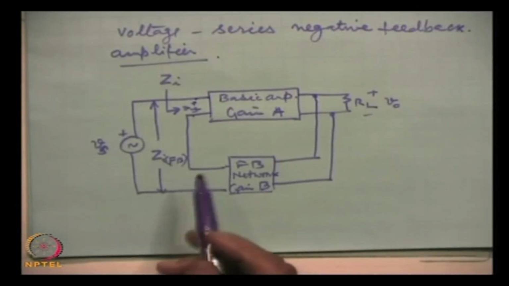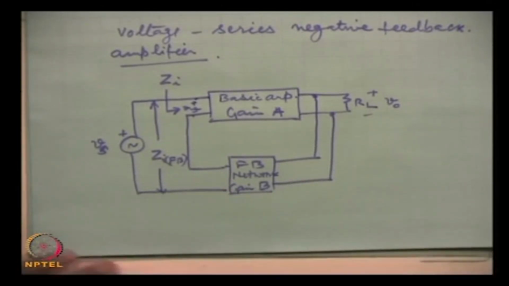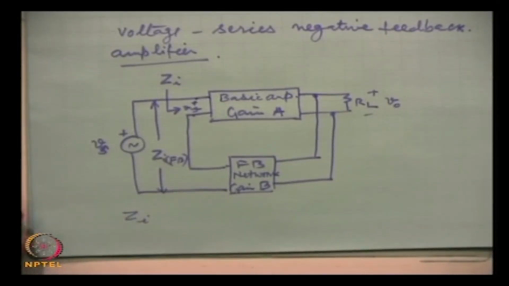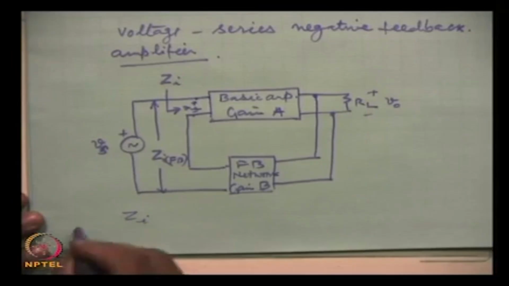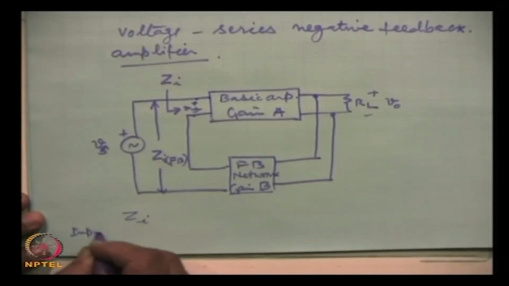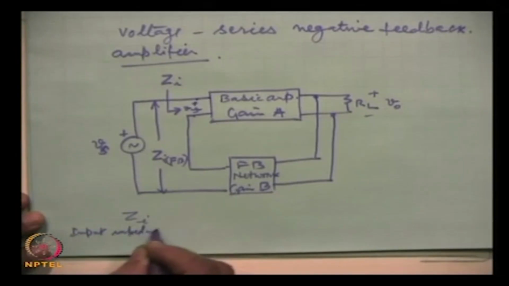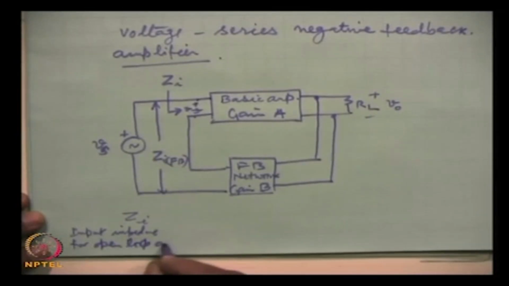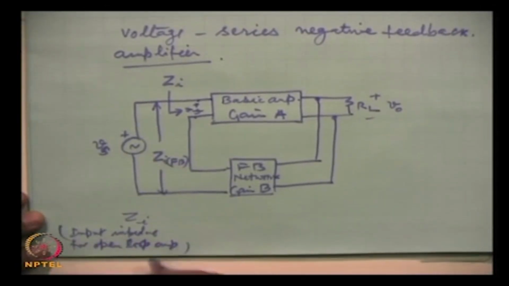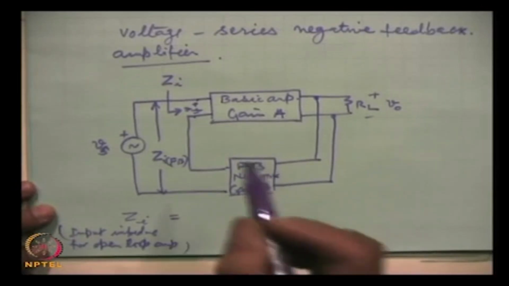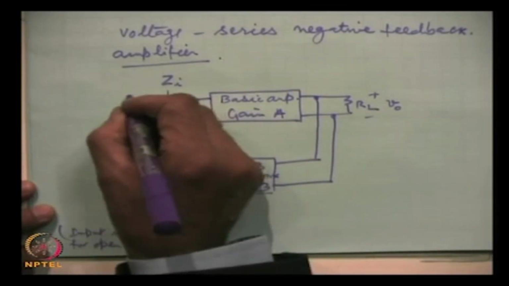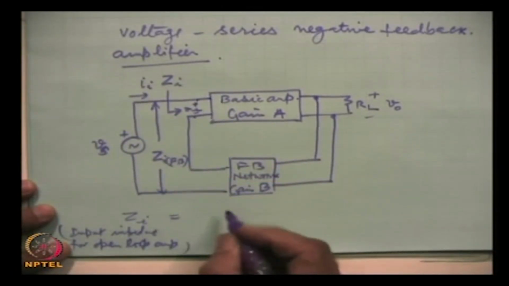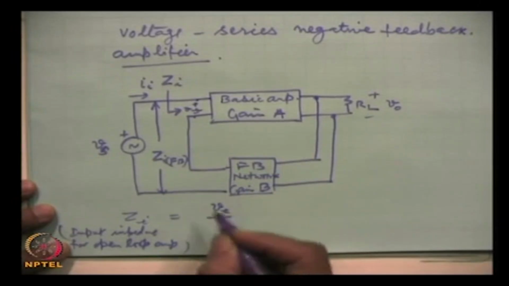So, by definition, in this circuit, Z I, which is the input impedance for the open loop amplifier, is obviously, if the current here we take as I, the voltage is V e. So this is V e by I, simple Ohm's law.